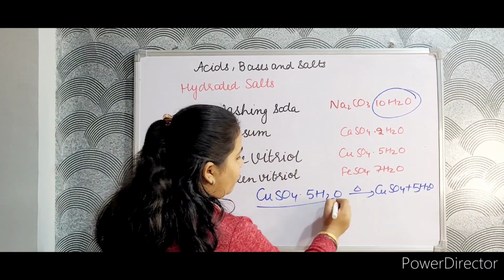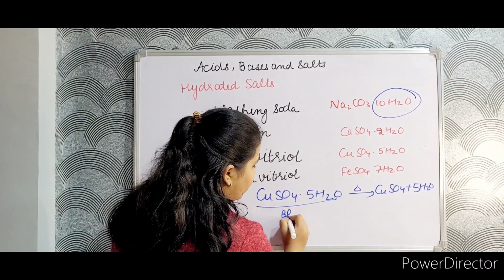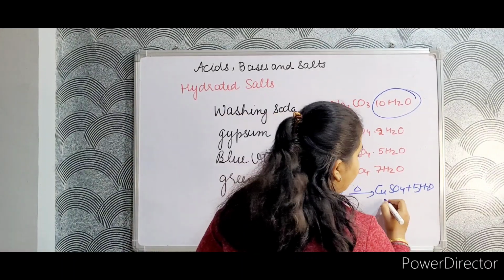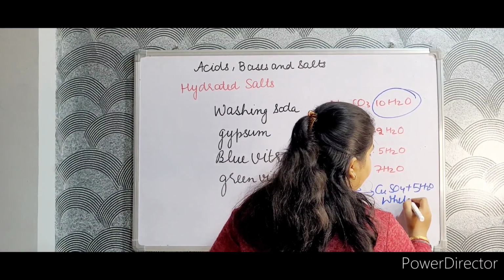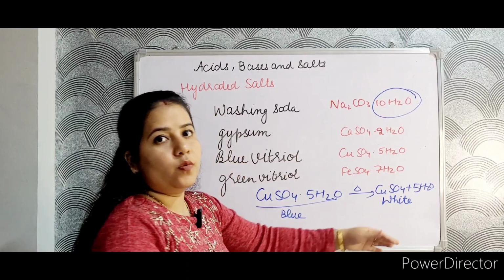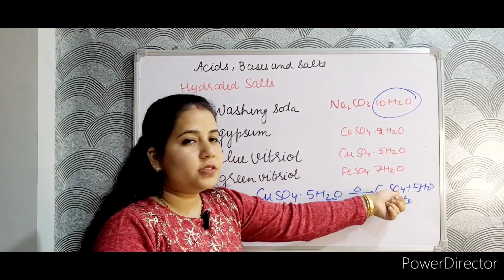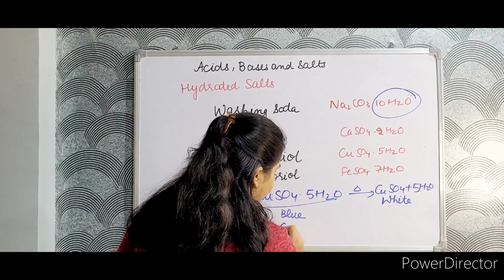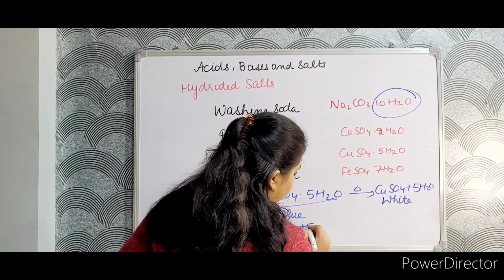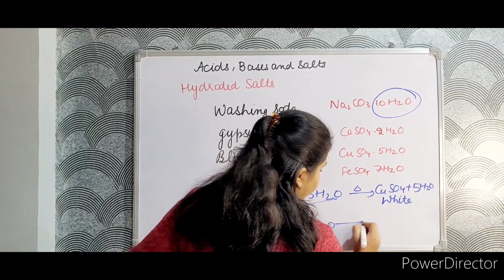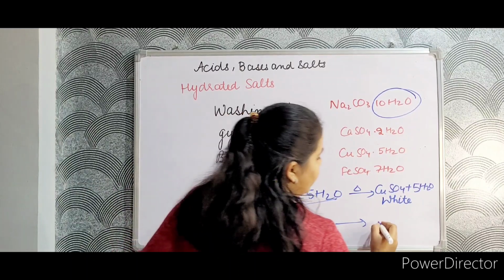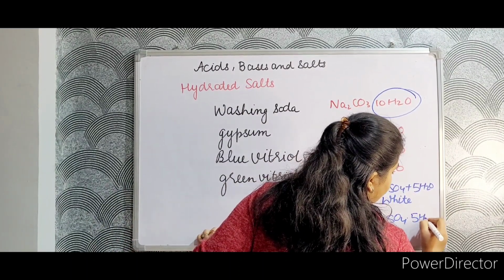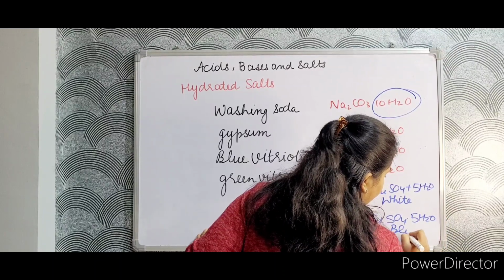Here the color of blue vitriol, copper sulfate, is blue. When it is heated, it becomes white in color. But when water is added to this copper sulfate again, it becomes blue in color again.